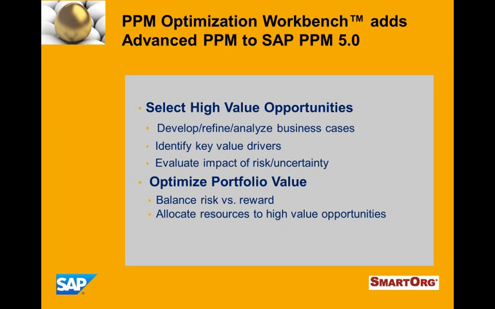In the portfolio, what you really want to do is balance risky projects versus other projects so that you optimize the economic value of that portfolio. Answering the question, how much risk do we want to take? How much risk can we take to drive toward a higher value? And then when we allocate resources, we want to allocate them based on producing the highest value possible.